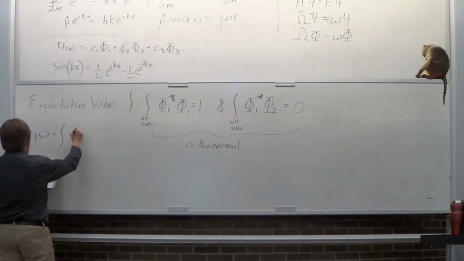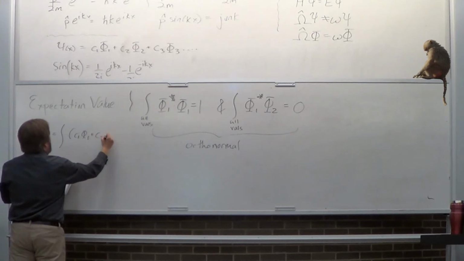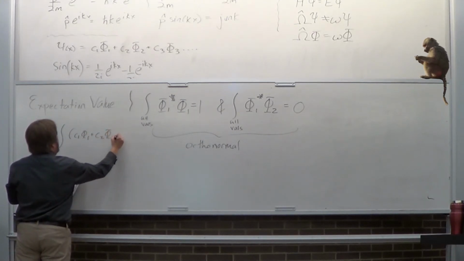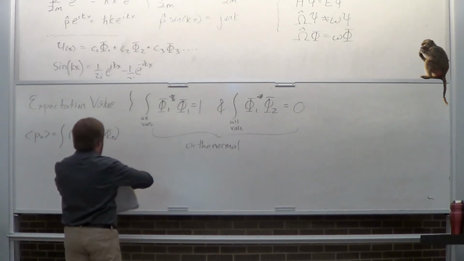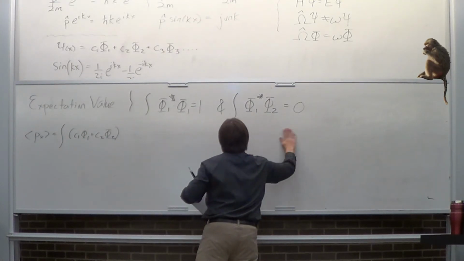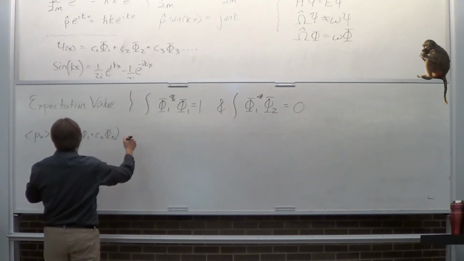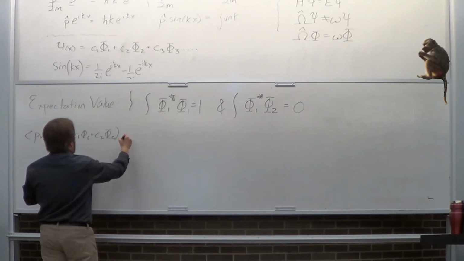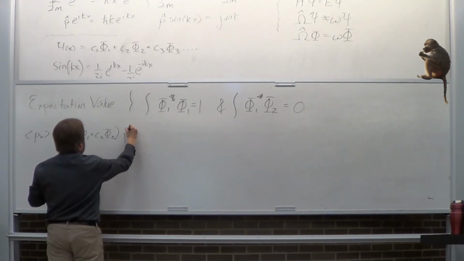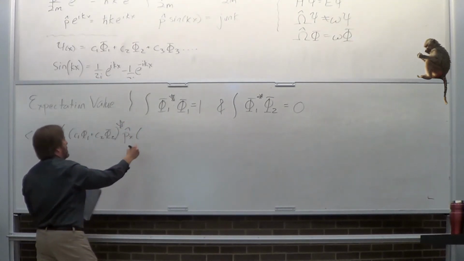What you end up with is, and I'm going to just do two terms, because of the reason I just gave a minute ago, just like my sine can be done in two terms. And then I have got the operator, and that's a complex conjugate.